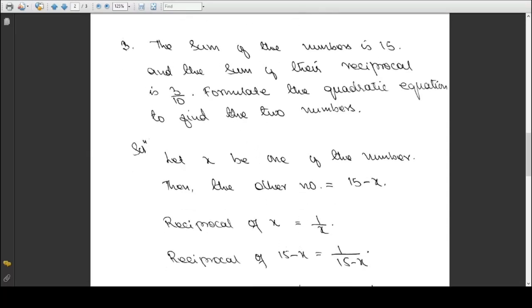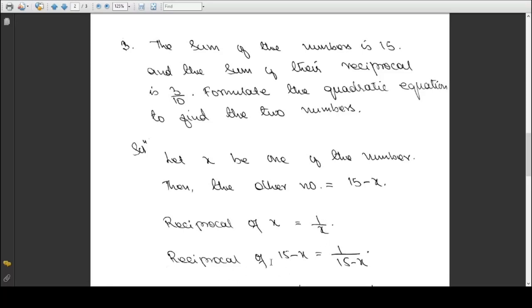Now the second condition given is the sum of their reciprocals. What is a reciprocal? Let us first find out. The reciprocal of x means interchanging the places of the numerator and denominator: x by 1, the reciprocal will be 1 by x.